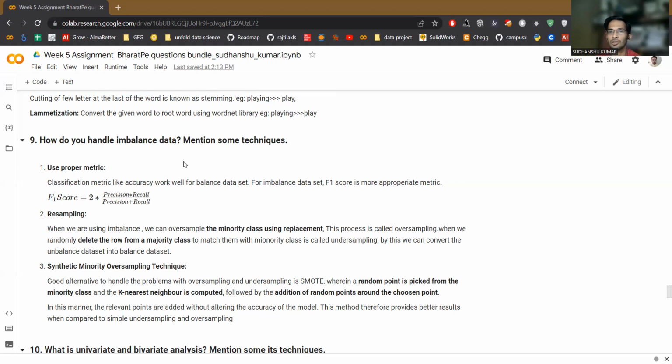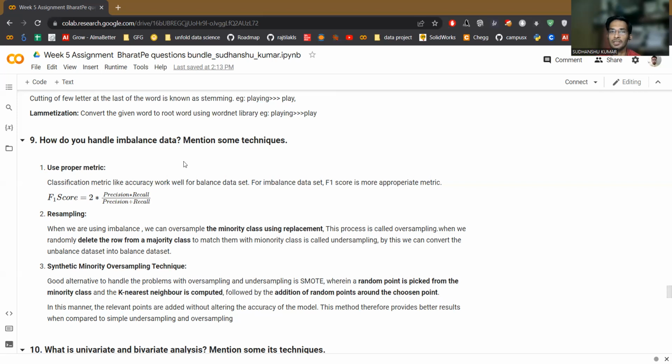It is basically the harmonic mean of precision and recall. In resampling, we basically oversample the minority class and remove some rows from the majority class, so that the imbalanced data set is converted into a balanced data set.